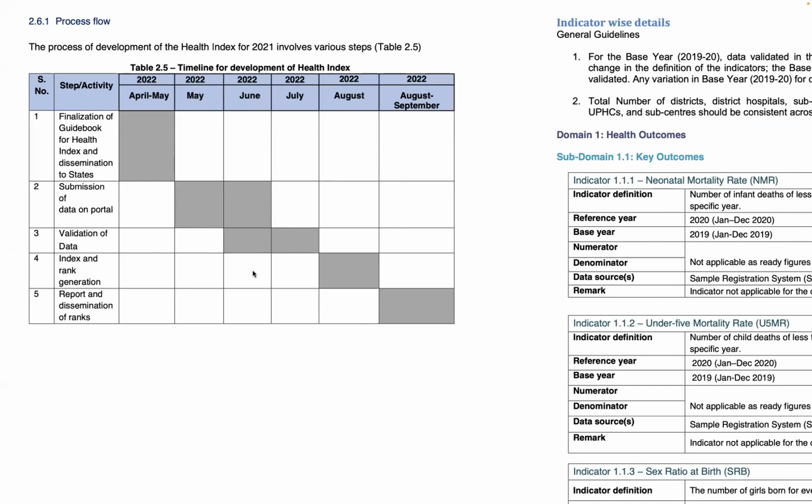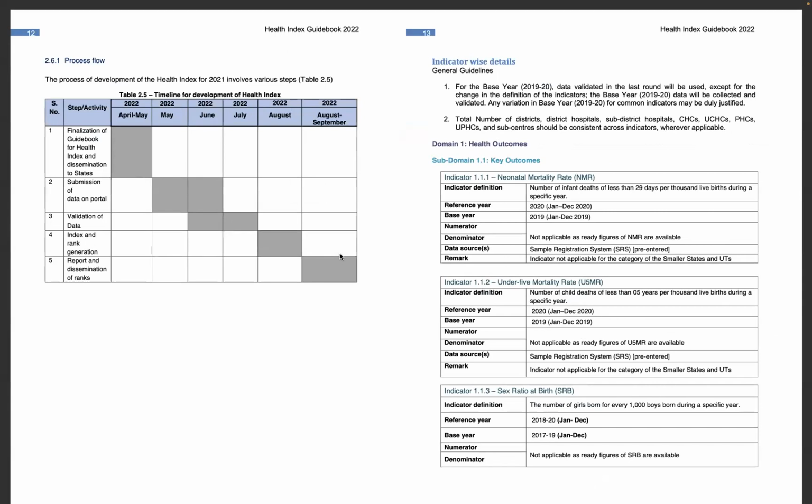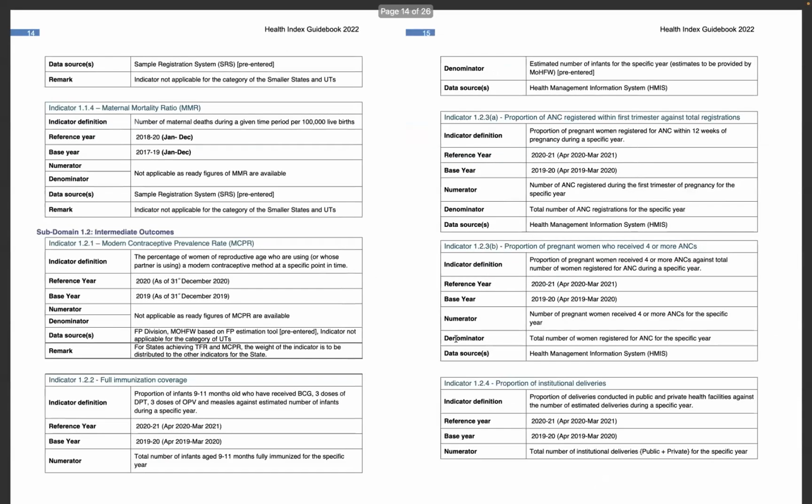Move to the next. Not required. Move to the next. This is the base year, the reference year for each of the indicators we discussed in the previous slide.